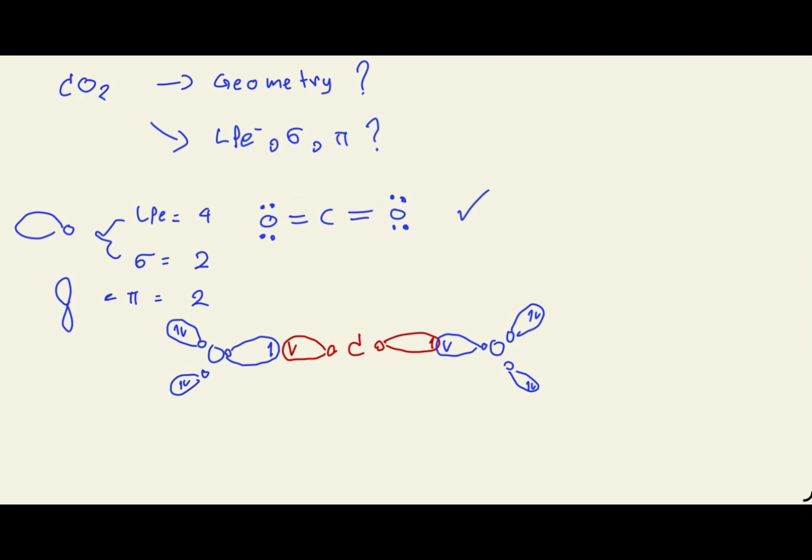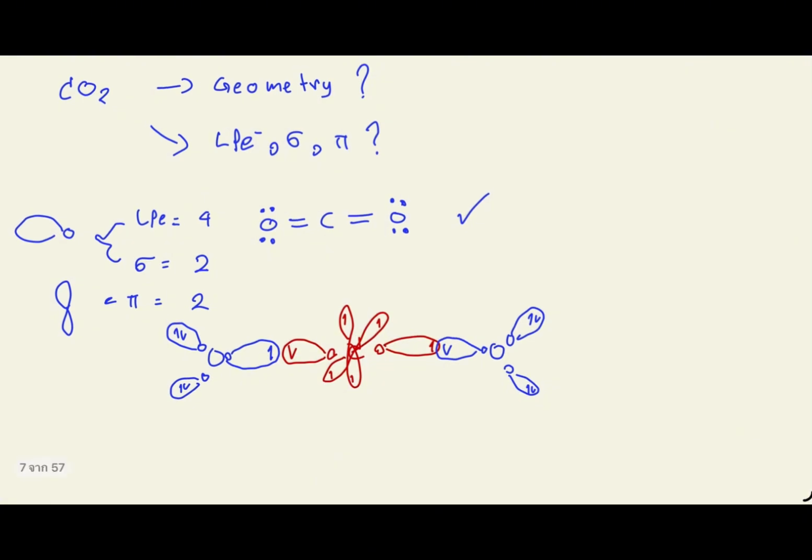To connect these pi bonds, carbon must have two dumbbells. Let's put them on the x-axis and y-axis. Now the oxygen atom must also have pi bonds to match the carbon on both sides. This means each oxygen has one pi bond orbital.